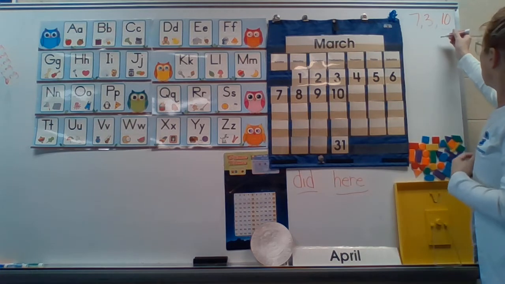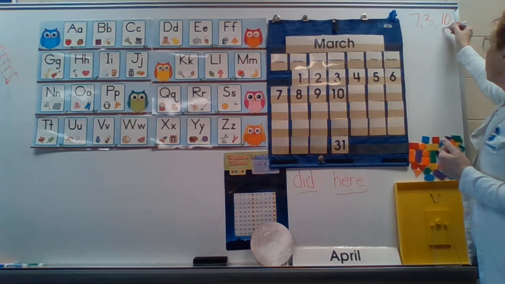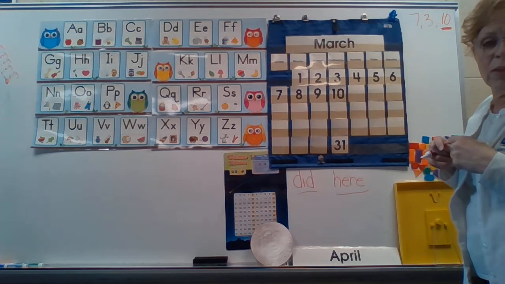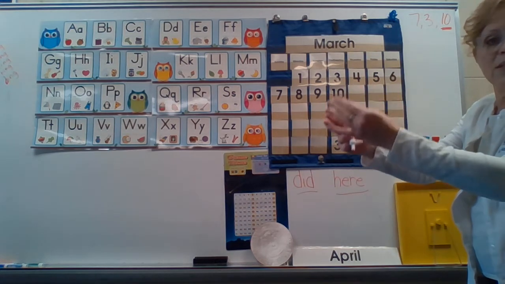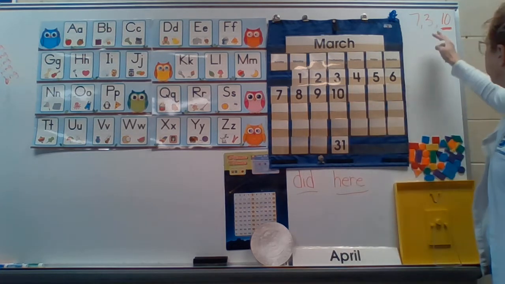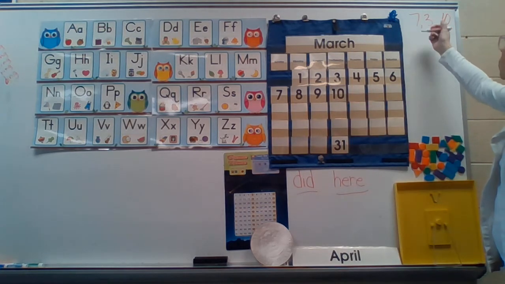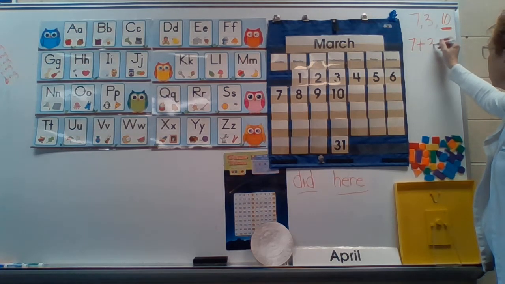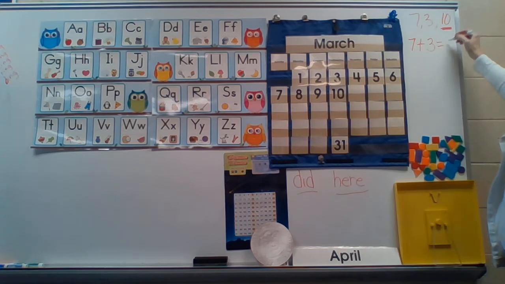All right? So I want to find the biggest number, which is still 10. That's what my number sentence is going to equal. That's the whole amount together. So I'm going to use 7 and 3 for my parts, 7 plus 3, and my whole is going to be 10.